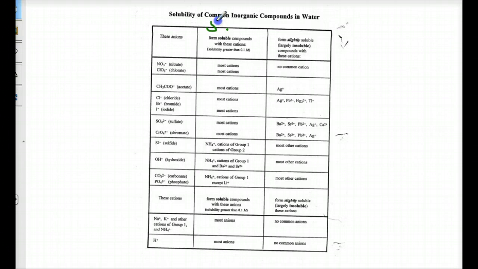Anytime it says there's a soluble compound, just kidding. Right here, where it says form soluble compounds, when we say that we are soluble, that means we are still considered aqueous. Okay? So in here, I would like you to label this column as AQ for aqueous.